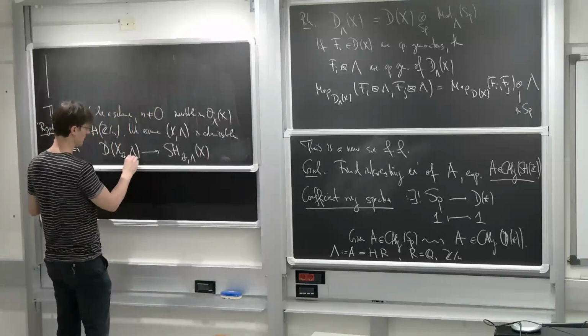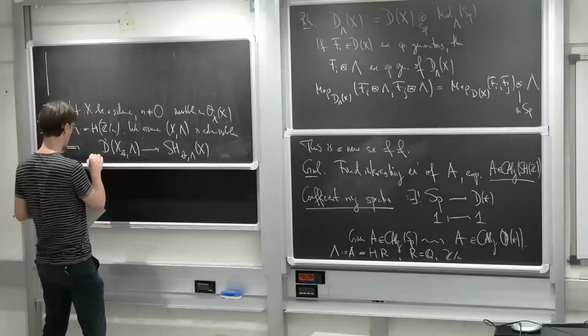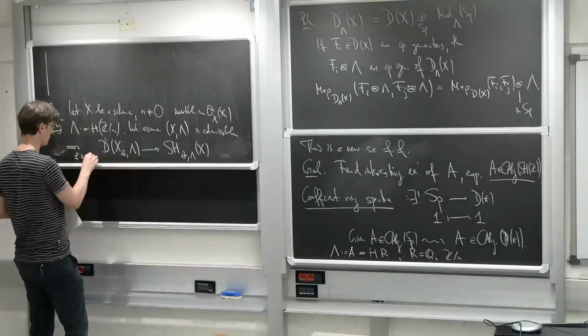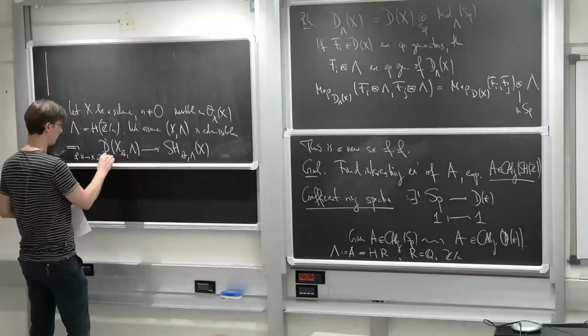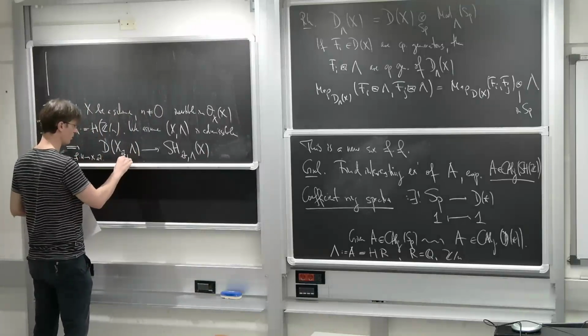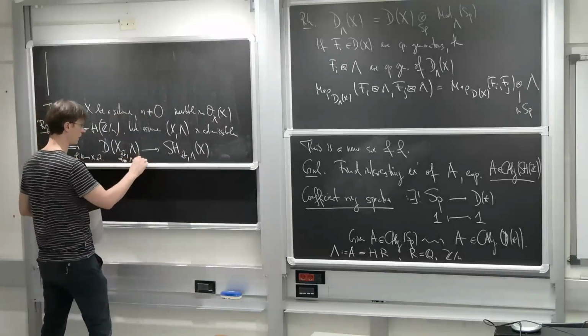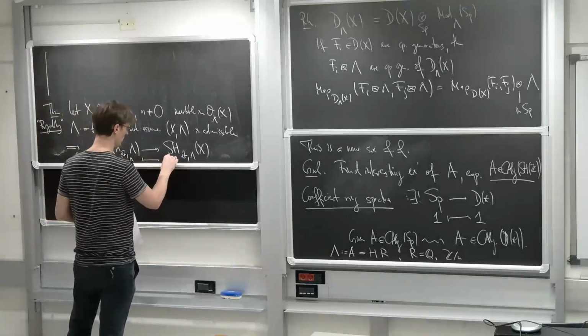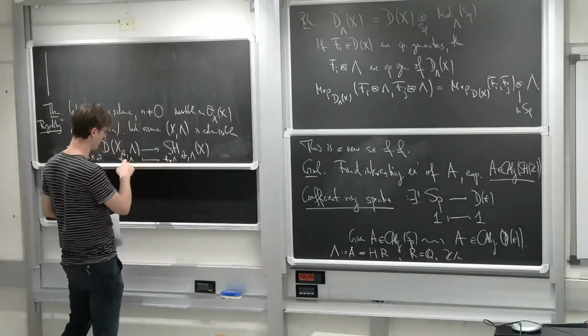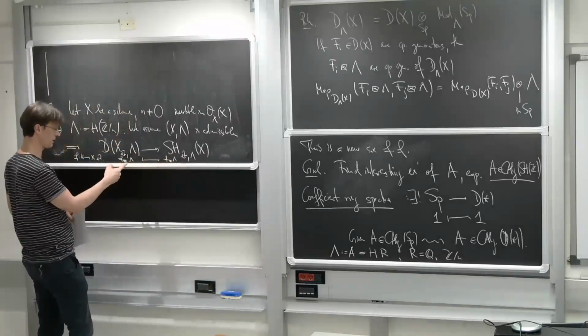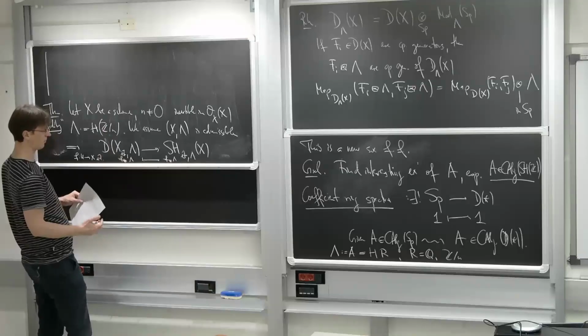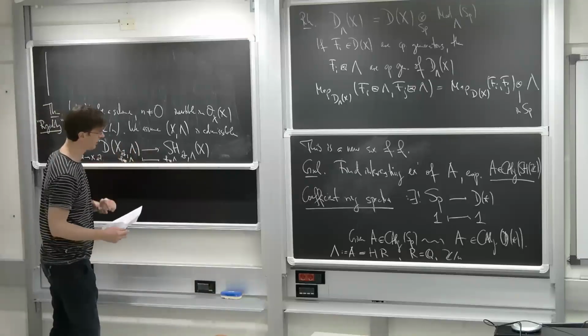So you have to decide where your representatives go. If you have F, which is some étale map, then you have the representable presheaf, F lower sharp of lambda, and this is mapped to F lower sharp of lambda, where in both cases this F lower sharp is the left adjoint of F upper star. So this is kind of the obvious functor that you have.